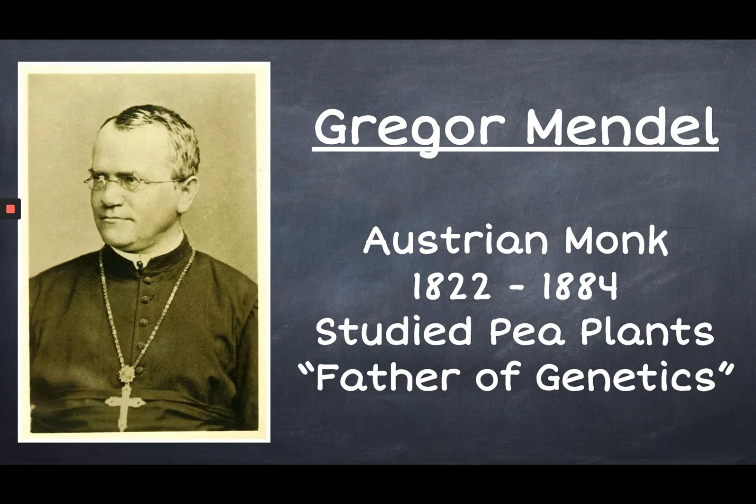We call him that because even though he had no idea how any of this stuff actually worked, he just noticed this exact same numerical data that I just showed you, right? He takes these two purebred flowers and we just get some unexpected results. And he cataloged all of this, and we're going to use a lot of these observations as the basis for understanding some of the basics of genetics.